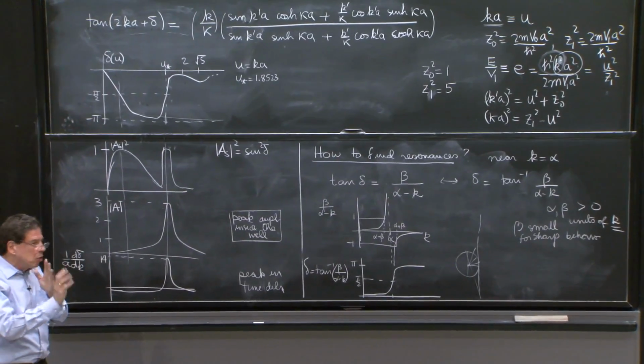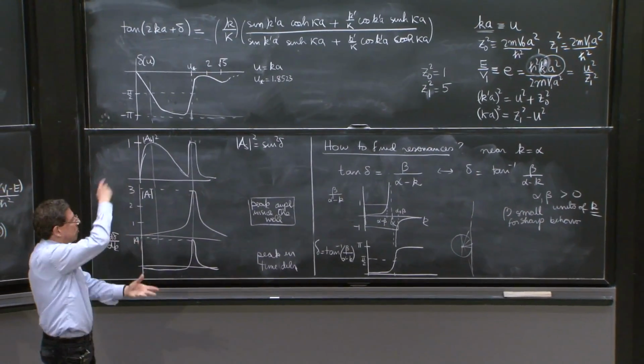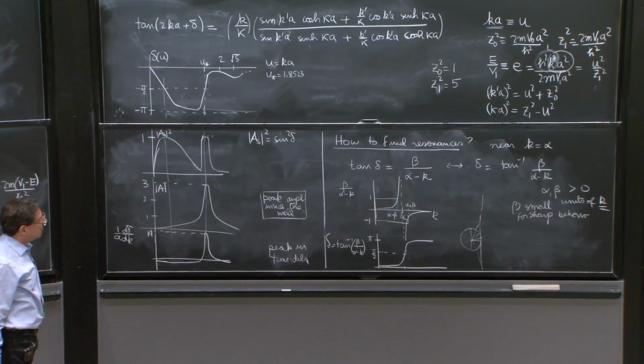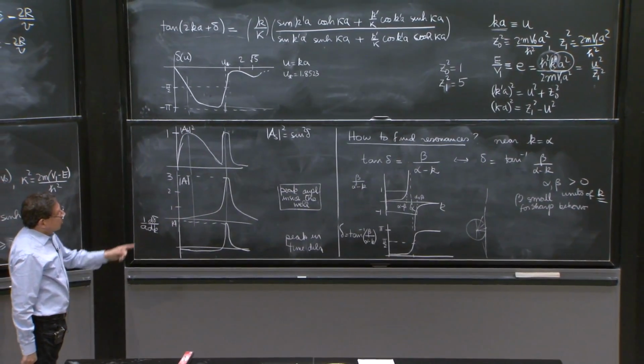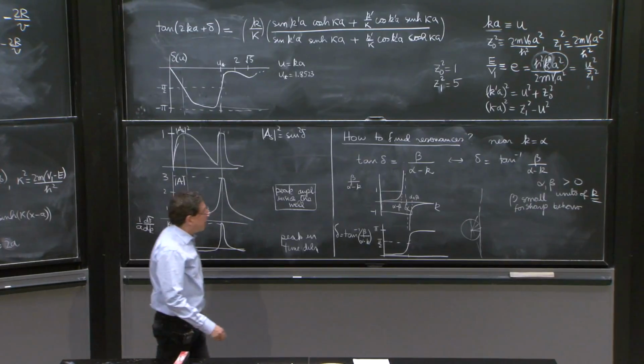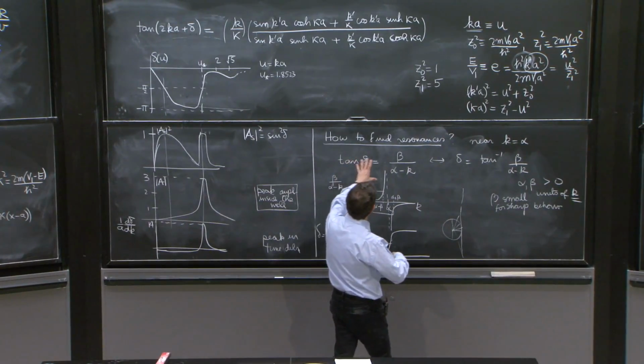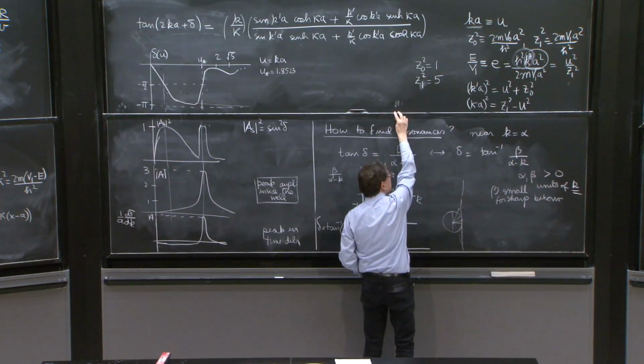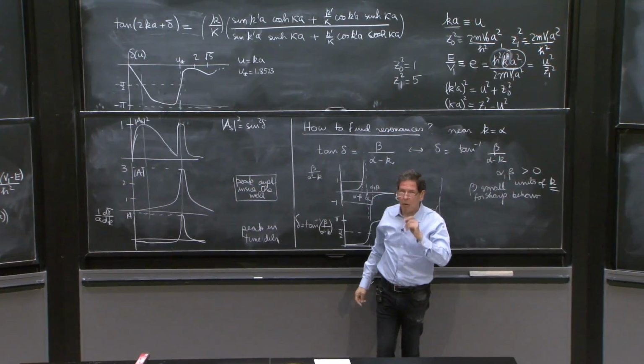The resonance is doing this thing up to a total shift of pi that doesn't change the tangent of an angle. So this is one way of modeling what's happening to the phase shift near a resonance. So let's explore it a little more.